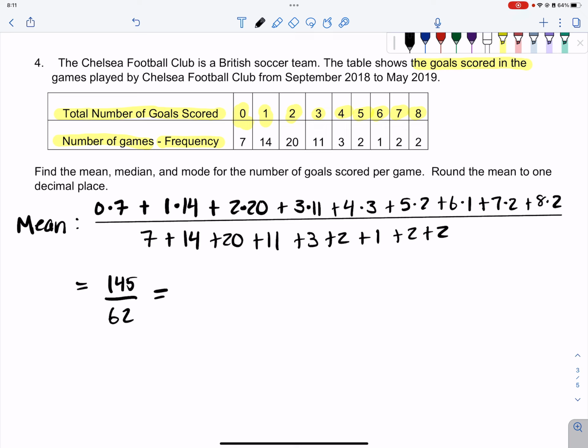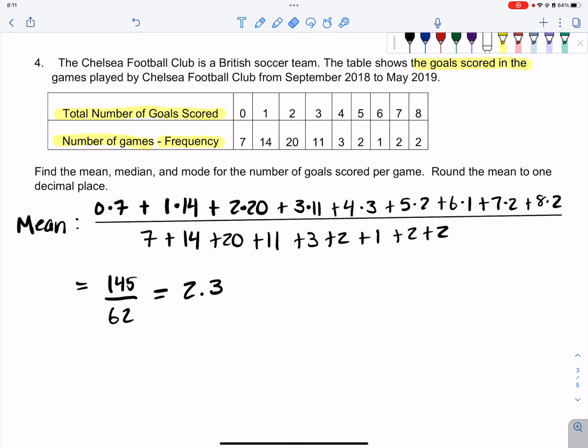If I want to then round this to 1 decimal place, that should give you about 2.3. So that's our mean. Let's now move on to the median.